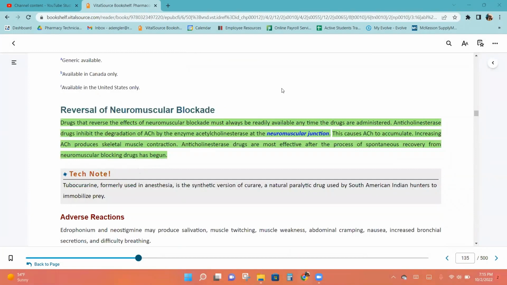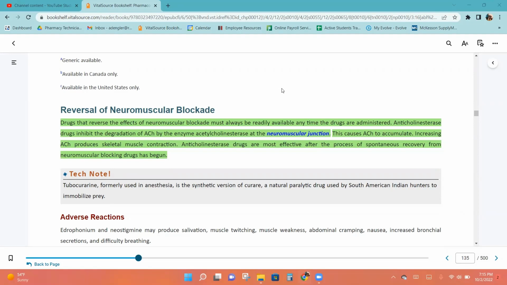Drugs that reverse the effects of neuromuscular blockade must always be readily available anytime the drugs are administered. Anticholinesterase drugs inhibit the degradation of ACH by the enzyme acetylcholinesterase at the neuromuscular junction. This causes ACH to accumulate.